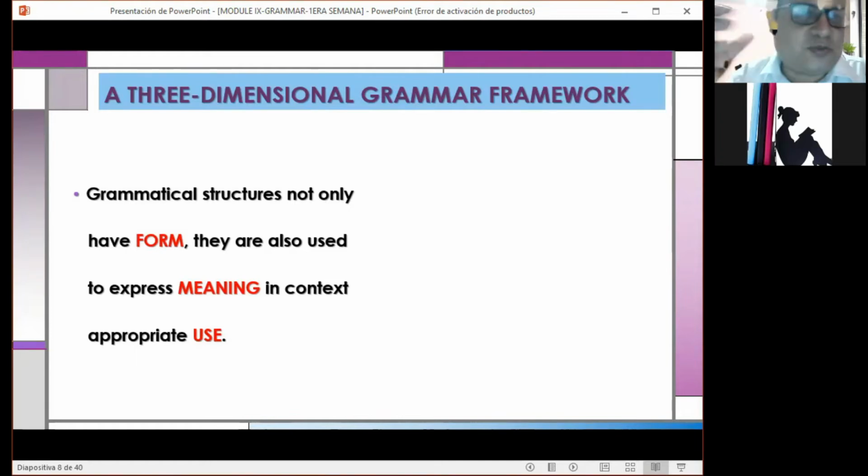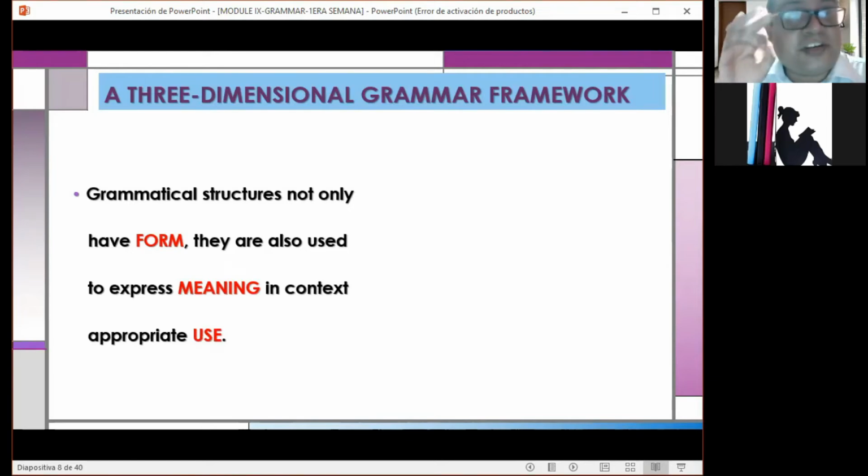Sometimes when we hear grammar, we think of the structures, how we are going to order words, the form. But not just that, because it also involves meaning and the use that we give to these structures or patterns.